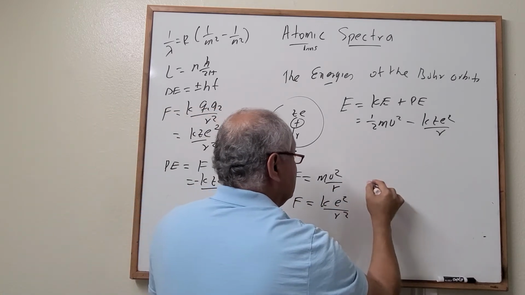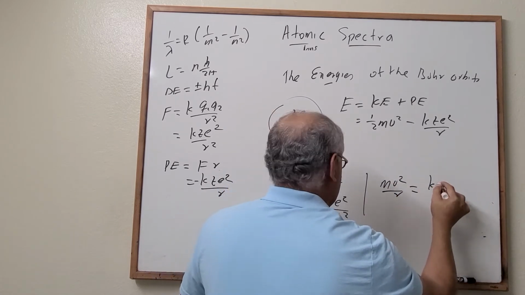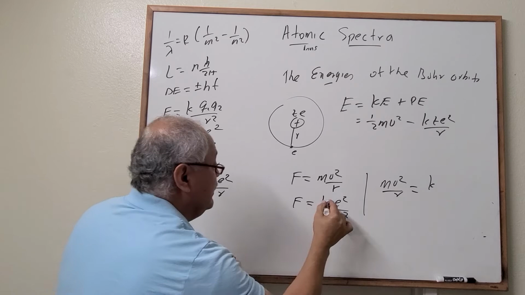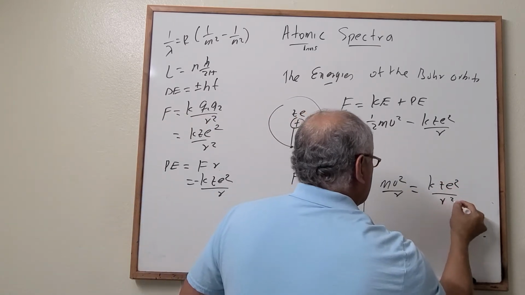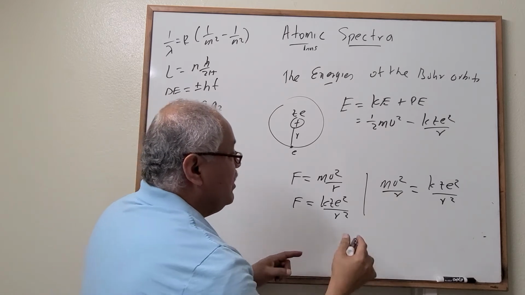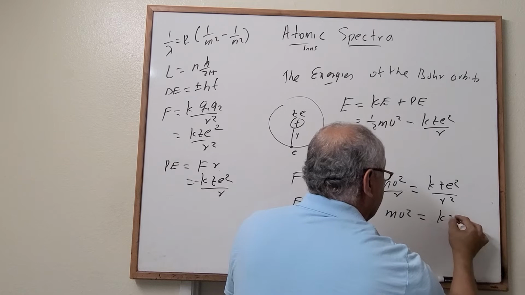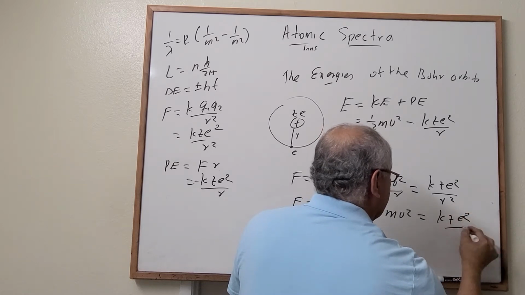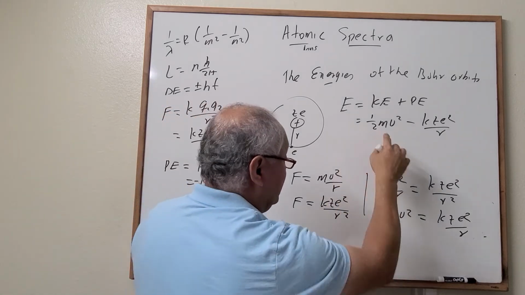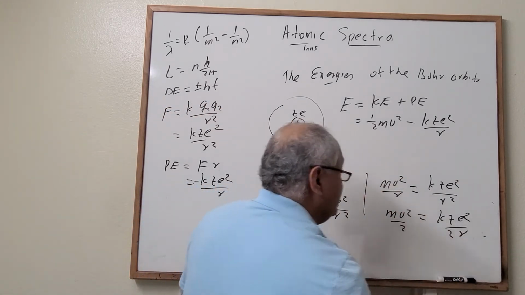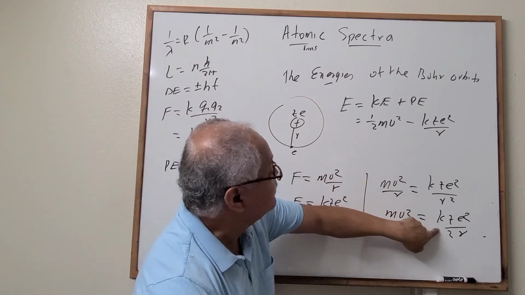So mv squared over R must be equal to K Z e squared divided by R squared, in the general case. So here we have that mv squared is equal to K Z e squared divided by R. If we divide this by 2, we divide this by 2, so this quantity is equal to that. So what do we have?